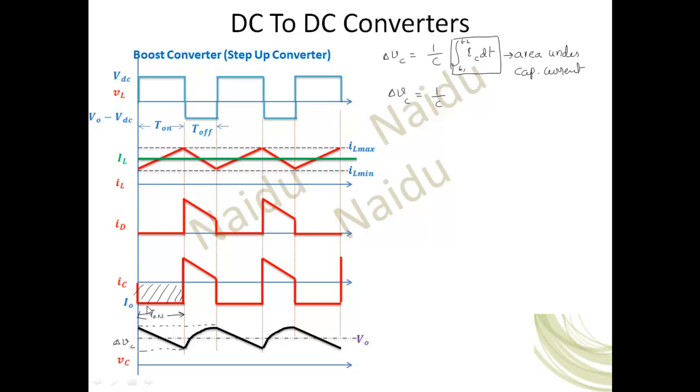So that's why delta VC is nothing but 1 by C, then the area under this rectangle. What is the area under this one? It is nothing but I naught into T on. What is the T on?